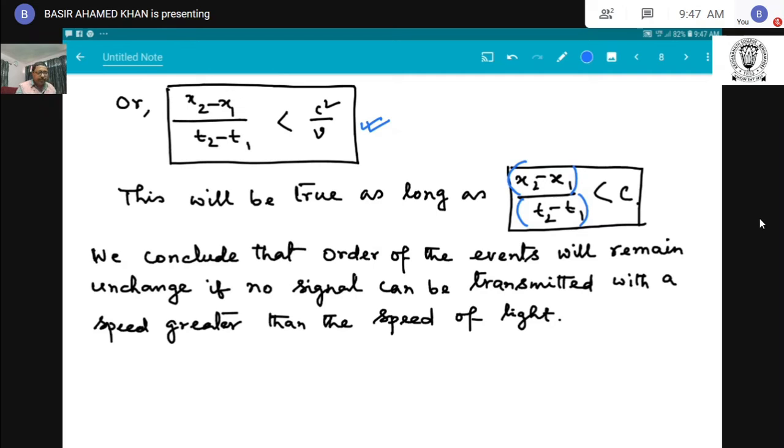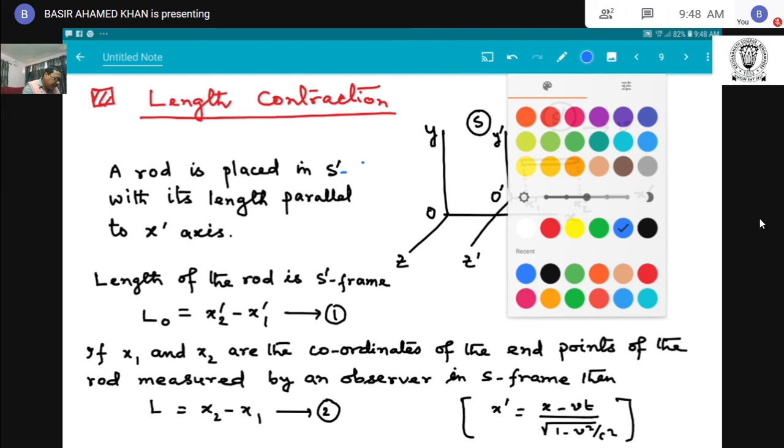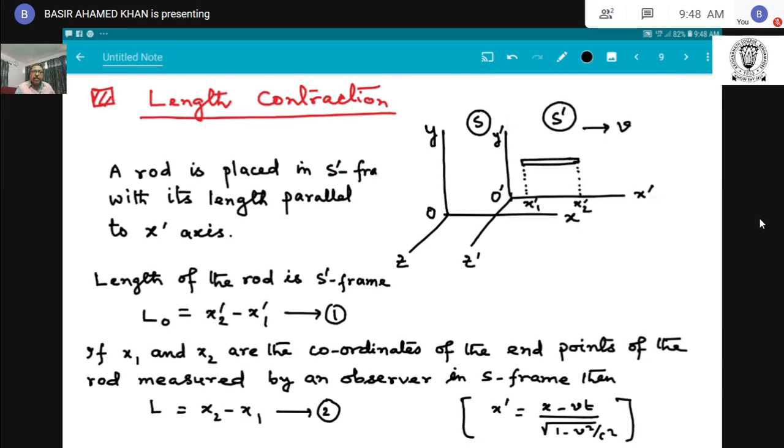Next point is length contraction. Suppose two reference frames S and S dash are moving with uniform velocity v with respect to each other, and a rod is placed in the S dash frame with its length parallel to the x dash axis.